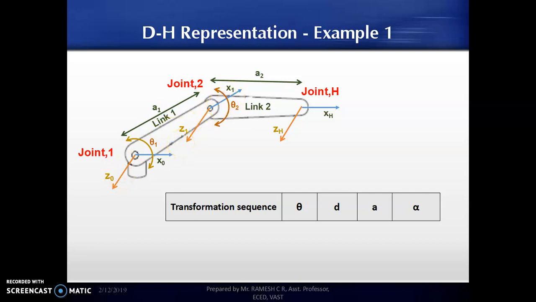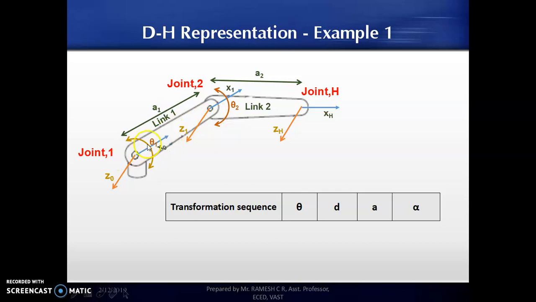The first step in the transformation is to make the x0 axis parallel. You can see that x0 is in this direction and x1 is in this direction. So first I keep the z axis constant, and I need to rotate joint 1 by an angle of theta 1 so that x0 will be parallel to x1.